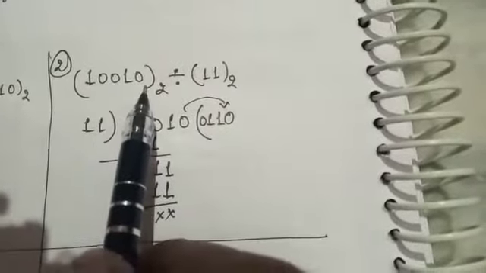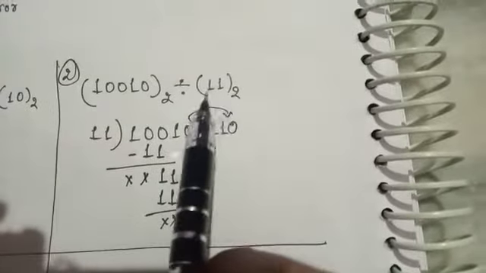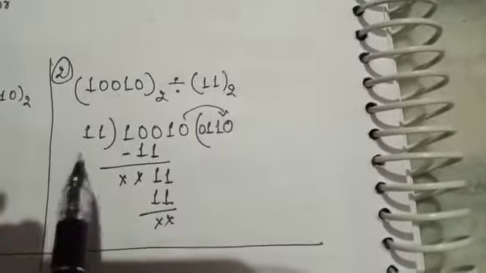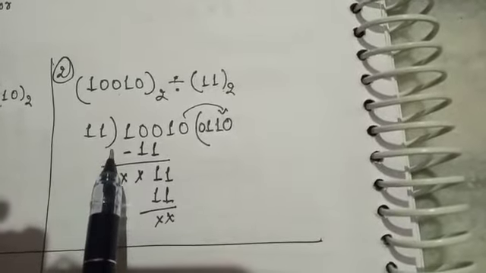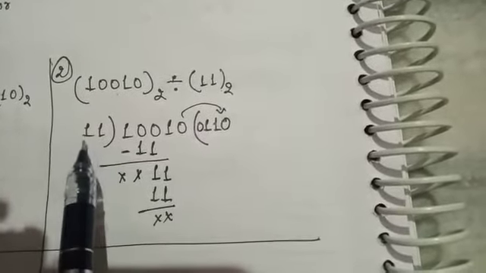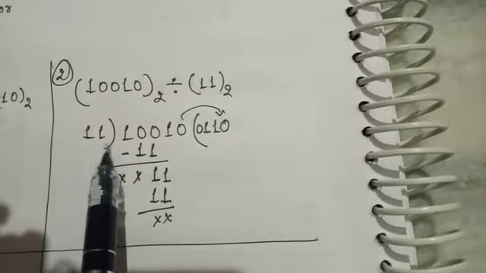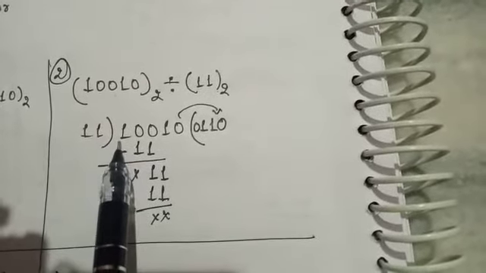In the next example, we take the value 10010 and divide it by 11. First we perform the division operation. We take the value which we want to divide by, that is 11, and the first two digits are 10.